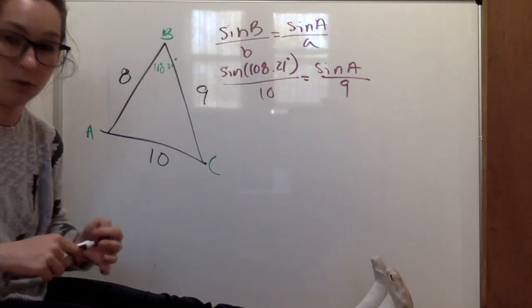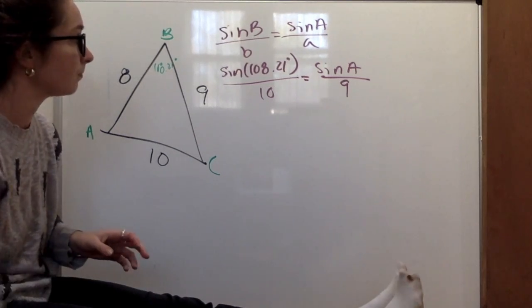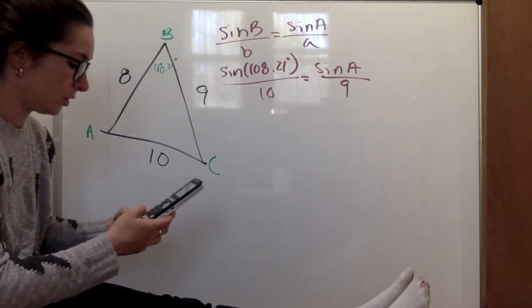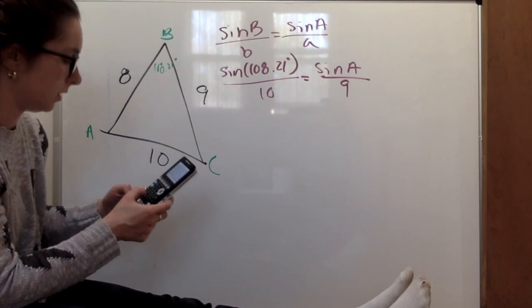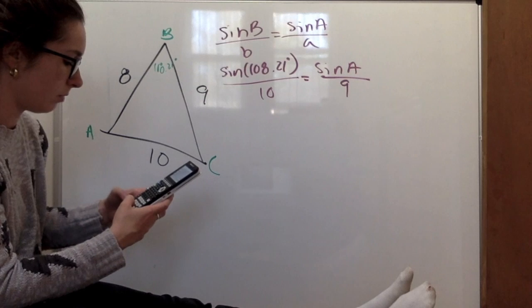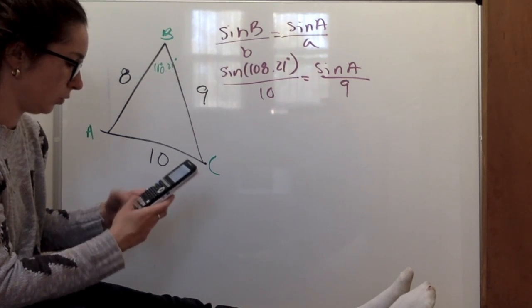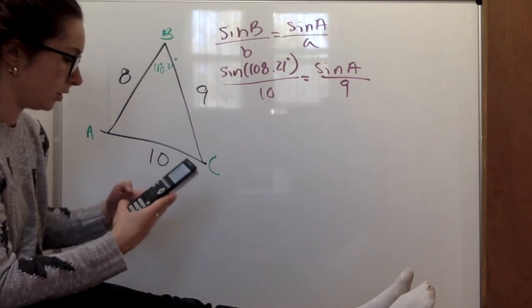And I'm just going to do that mostly in my calculator. So I'm going to do sine of 108.21 degrees, again, making sure I'm in degree mode, close parentheses, I got 0.9499.